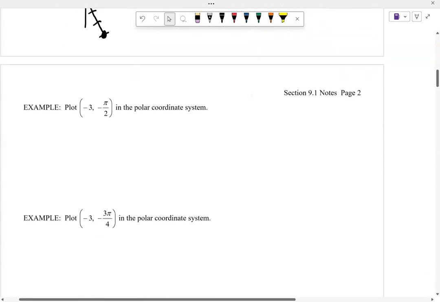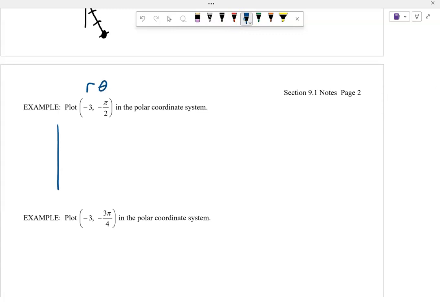So let's do this one here. We've got r comma theta. Theta is negative pi halves. So normally, negative pi halves is right here. Normally I'd be right here and I'd go down 3, right? But since the r is negative, I'm going to go in the opposite direction. 1, 2, 3, and I'm going to put a point. So there's the point, r comma negative pi halves.